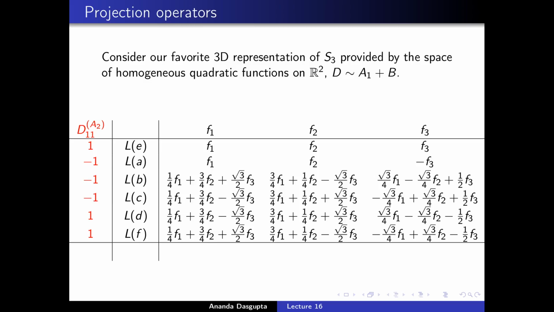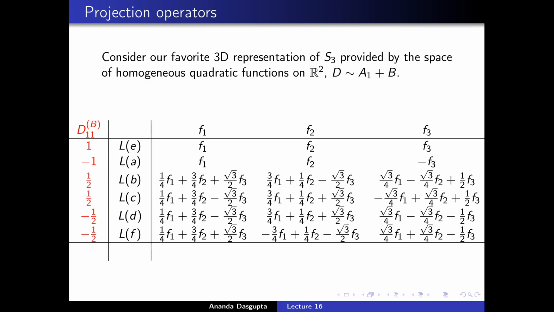The result, as you can easily verify, is going to be 0, and it's going to be 0 for each one of them. Not really a surprise. We could have avoided this calculation altogether because we knew that our representation did not contain any A2 in it. So the projection in the direction of A2 for any of the basis vectors is bound to be 0.